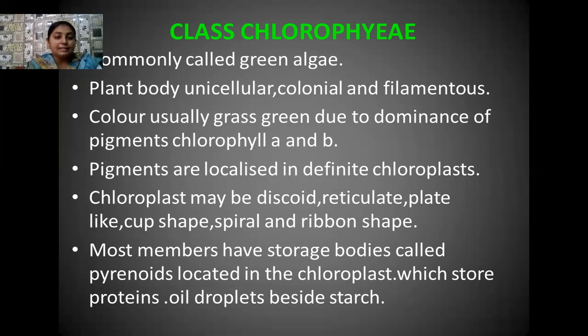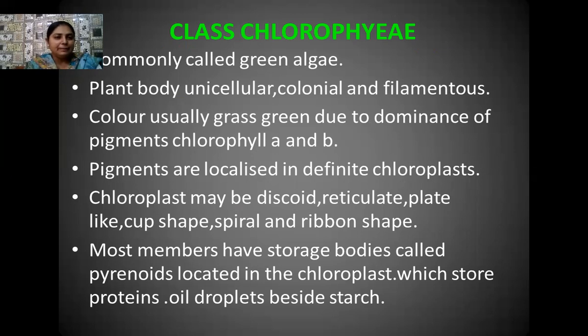So where are these pigments located? These pigments are generally located in definite chloroplasts, and these chloroplasts have a variety of shapes. These may be discoid or disc shaped, reticulate, plate-like, cup-shaped, spiral, or ribbon-shaped chloroplasts in class Chlorophyceae.